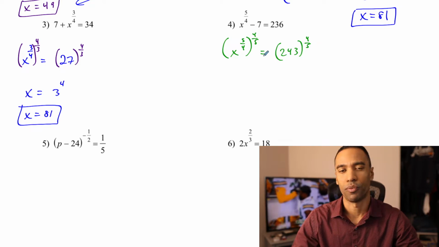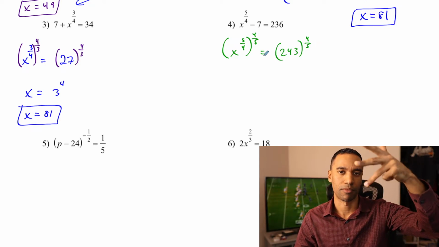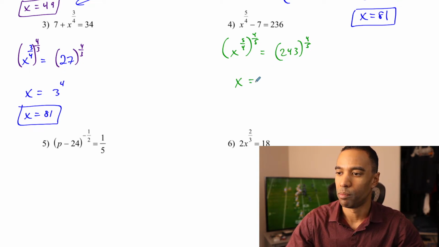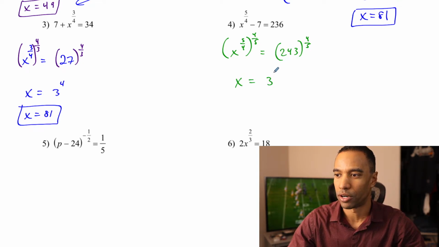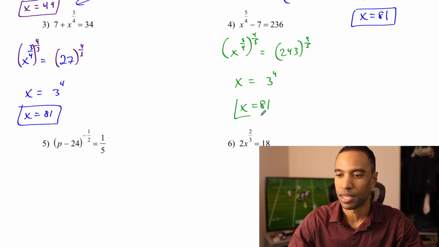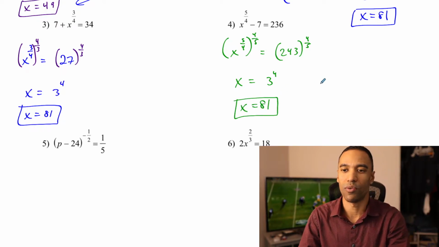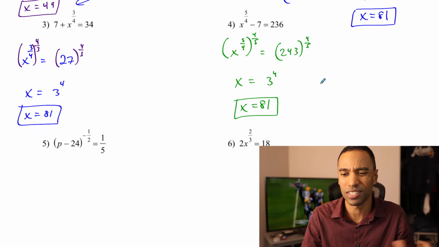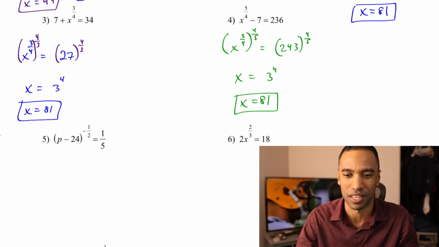That's 3. 3 times 3 is 9, times 3 is 27, times 3 is 81, times 3 is 243. So that will be, once again, 3, and now we are doing that once again to the 4th power, and that will, once again, be 81. So we got 81 from 2 different kinds of problems, 2 different setups, but it was still 81 in the end. It's kind of hard to sometimes get different answers out of these, as you can see.